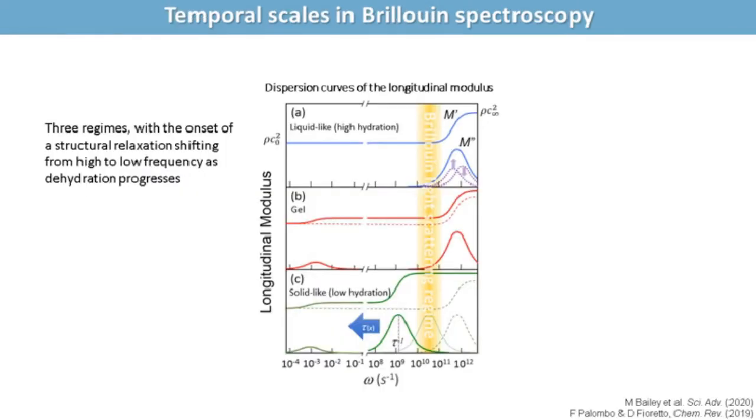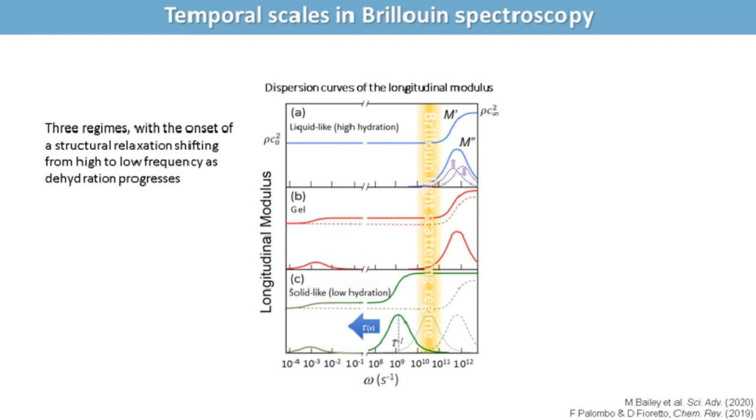The important information here is that temporal scales in Brillouin spectroscopy need to be considered. Depending on the actual state of your material, say if you are in a liquid, gel, or solid phase, we are looking at different curves of this dispersion in terms of M prime, so the storage and the loss modulus.